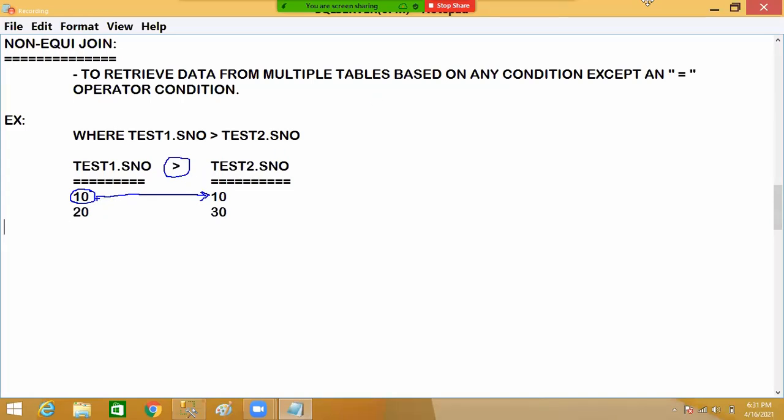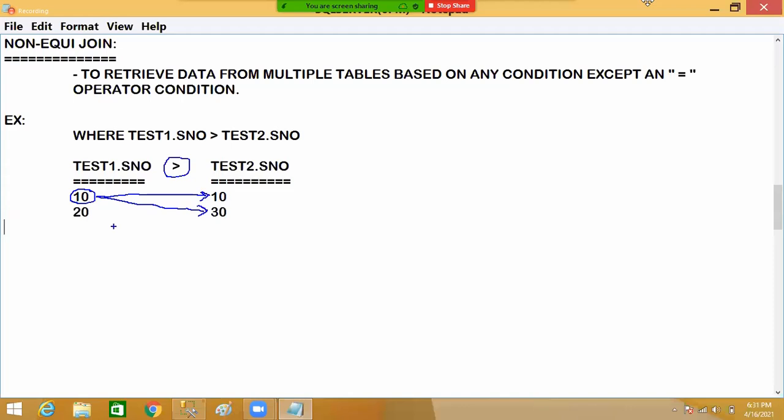False means I just leave this row. Next, 10 greater than 30. Is the condition true or false? Here also the condition is false, so no row satisfied the given condition.